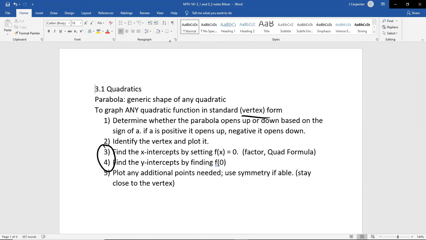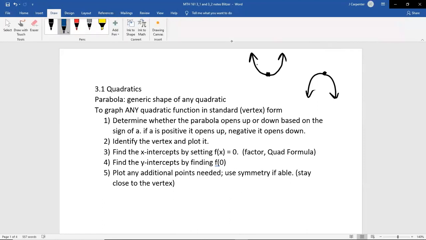So when we're now graphing our parabolas, remember the generic shape before was just vertex and then plot it up, or vertex and plot it down. But in order to make this very accurate, what you actually need is 3 points. You would need to know where that point is and maybe where that point is. And they don't have to be symmetric.